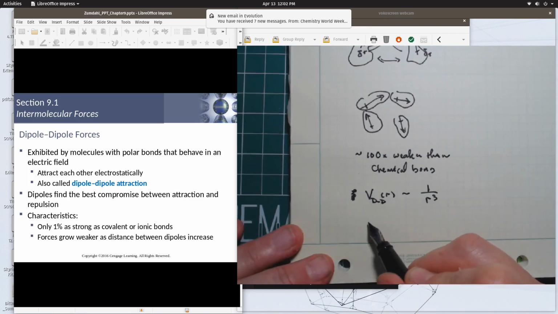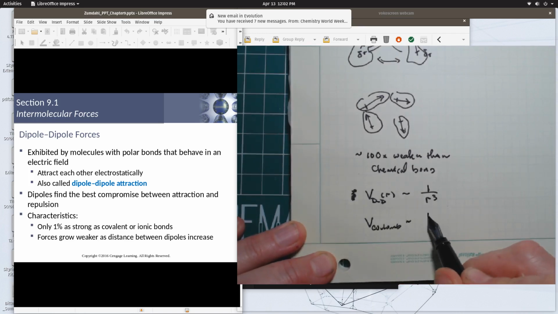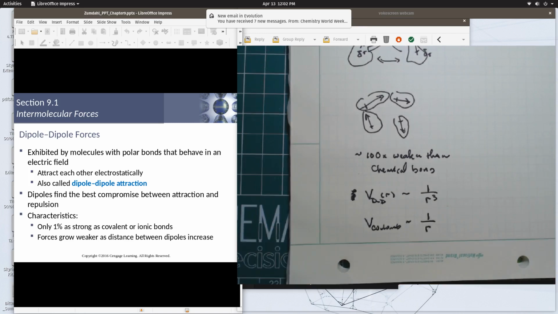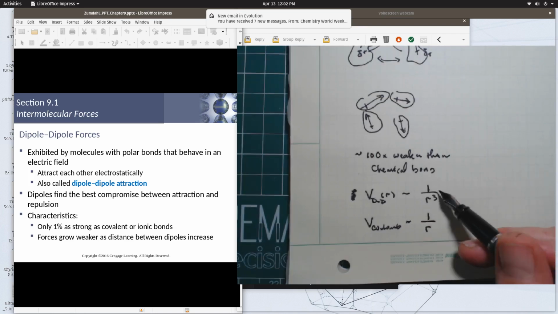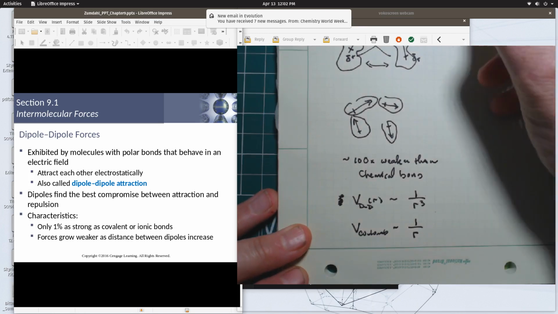Remember, V Coulomb goes as 1 over R. So this is a much shorter range interaction than the 1 over R interaction for Coulomb. But it's not as weak as London dispersion forces, which I'll describe next.